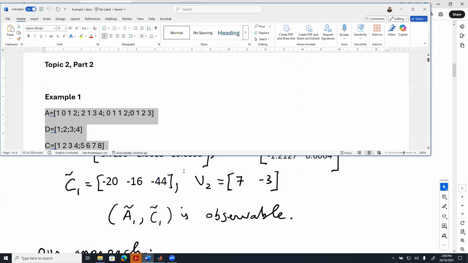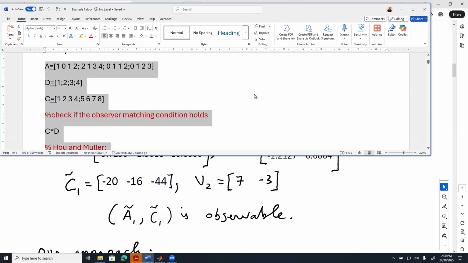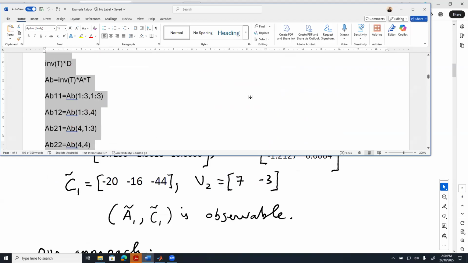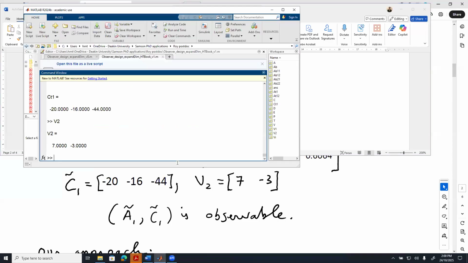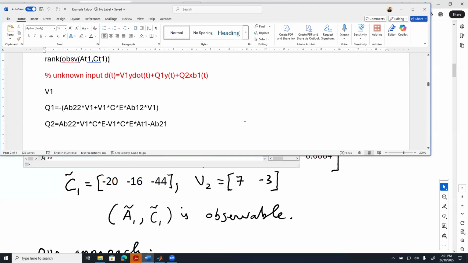And to get the disturbance in its entirety, we can also obtain it as well. By the way, we also check the observability condition of the pair A tilde 1 and C tilde 1. It is observable, which gives us a rank equal to 3. Then we proceed to obtain an expression for the unknown input.